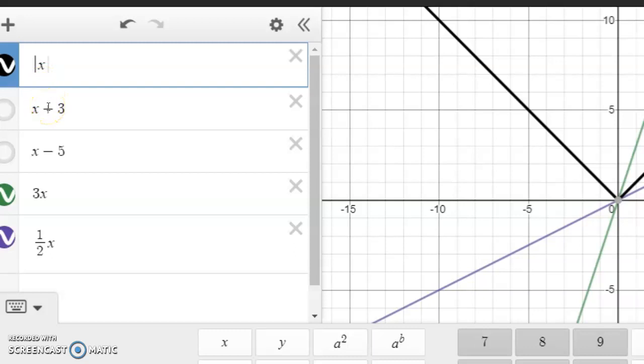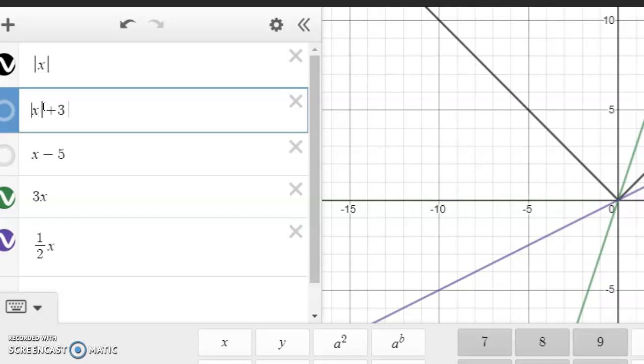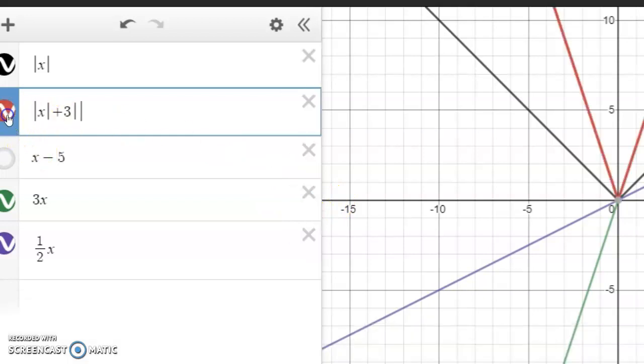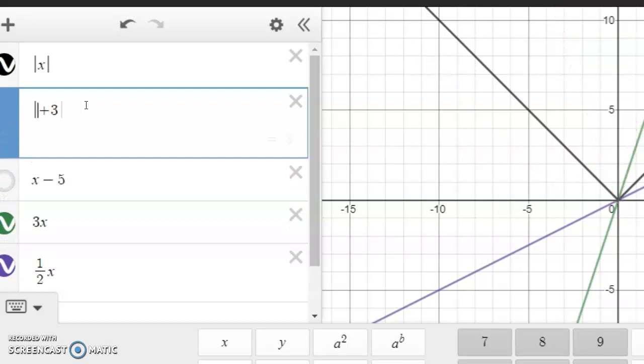And then we had the absolute value of x plus 3. All right, let me take this out and do that again.